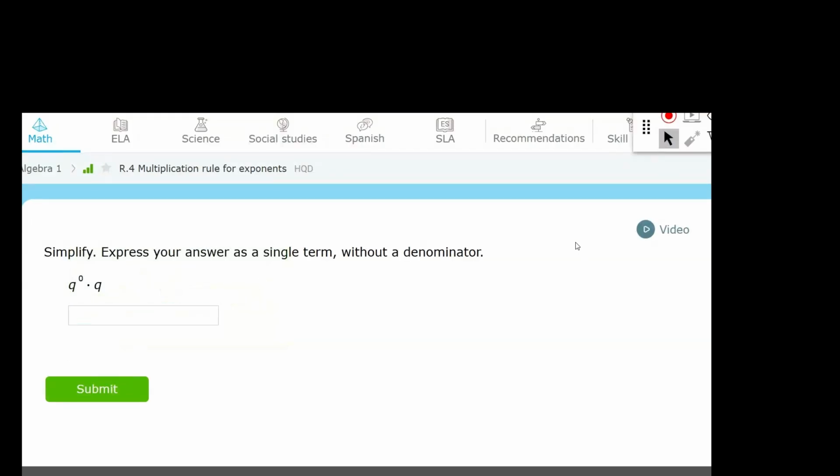Okay, so let's do one more. So this particular problem, we have q to the 0 times q. Now remember, q is the same thing as q to the first power. What is our similar base here? It's q.